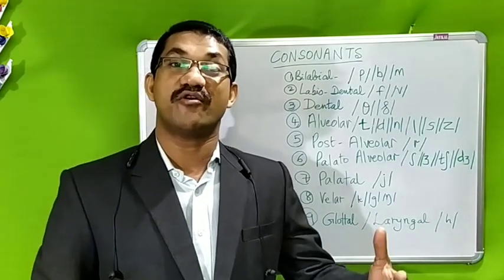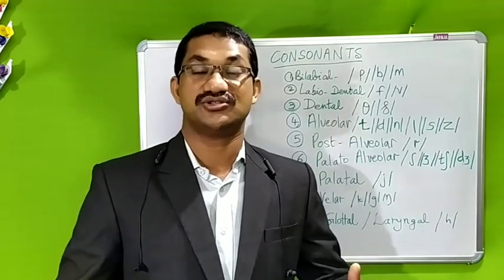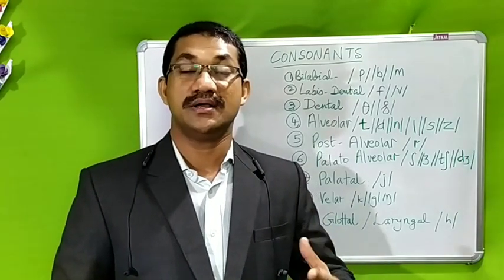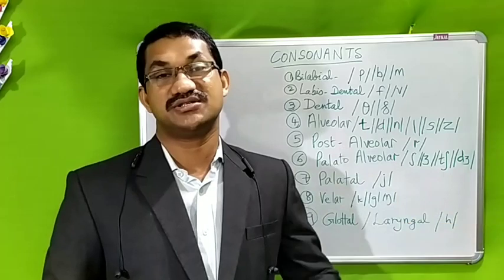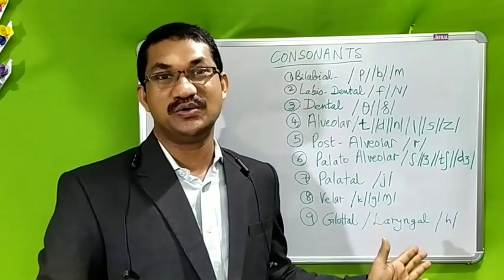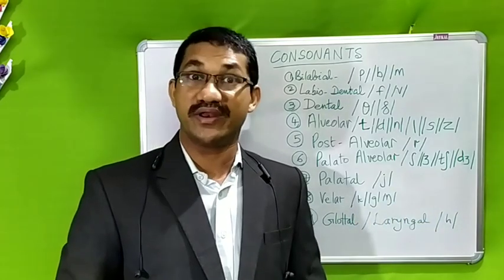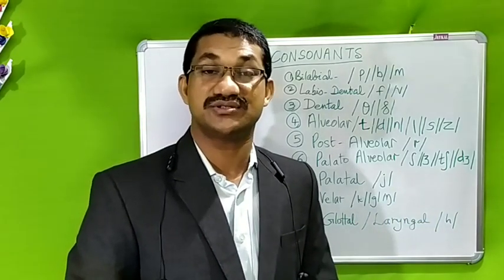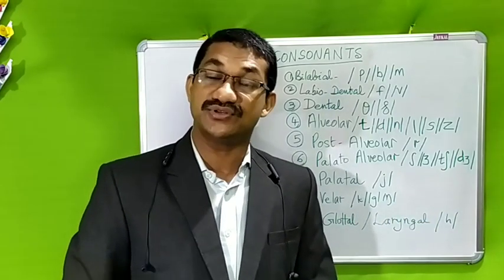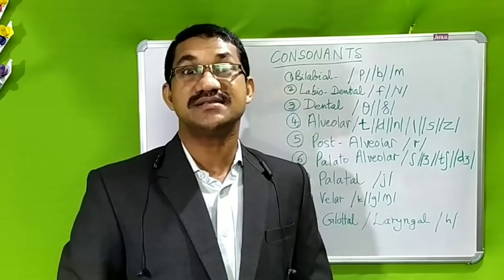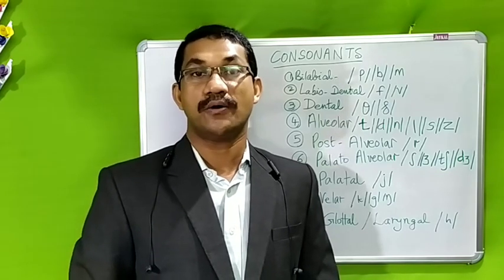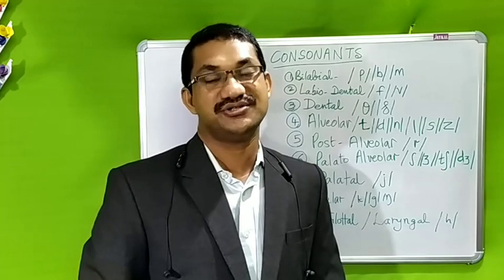Now we move forward to the classification of consonants based on, number one, the place of articulation. That is what we do right now. We are going to look at all the 24 consonant phonemes and classify them based on the place of articulation.